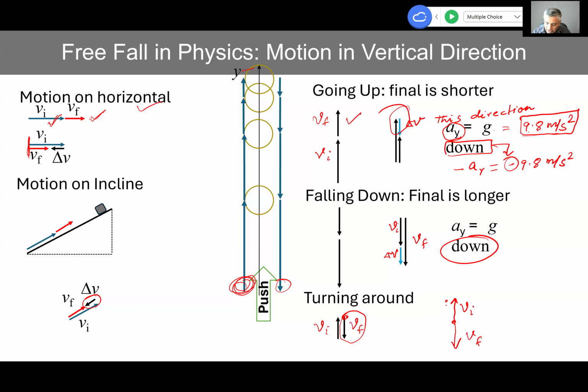Next is drawing this one here, starting from the tip of initial. So it's pointing down. You see that? Change in velocity. Although the velocities are shorter, the change in velocity is still long. So that's why the value of acceleration remains the same even when it's turning around. It's not zero, okay?